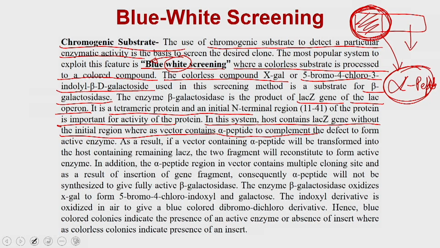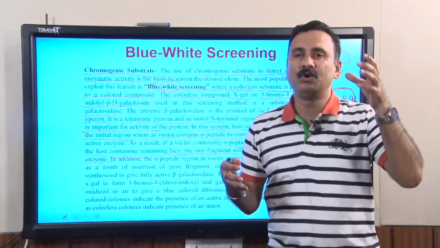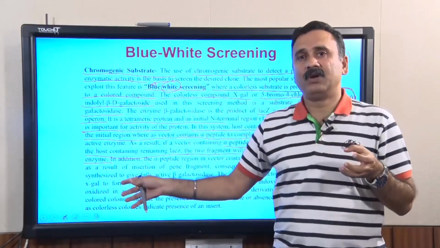Once you transform this vector containing the alpha peptide into the host containing the remaining LacZ, the two fragments are going to come together to form the active enzyme, which means you are renaturing, recovering the activity of the enzyme simply by having one component on the vector and the rest on the host cells.